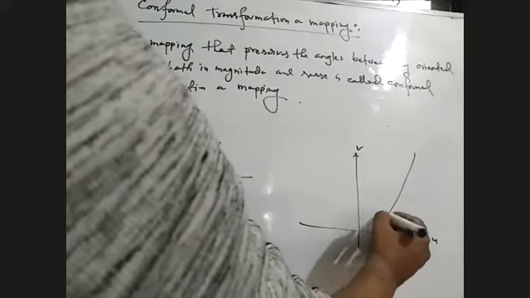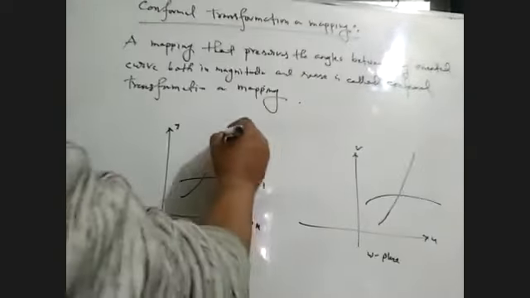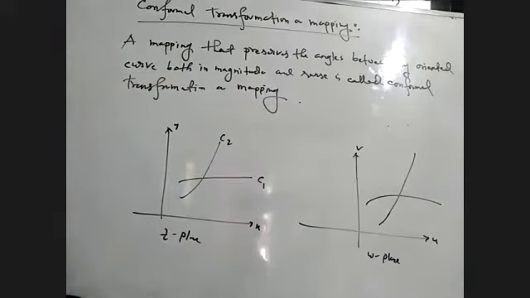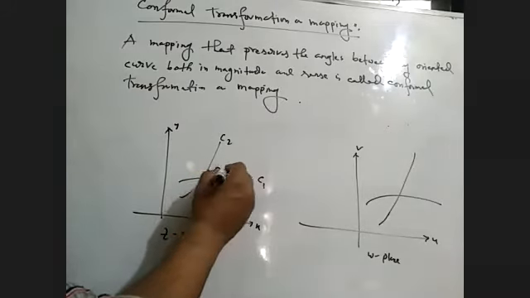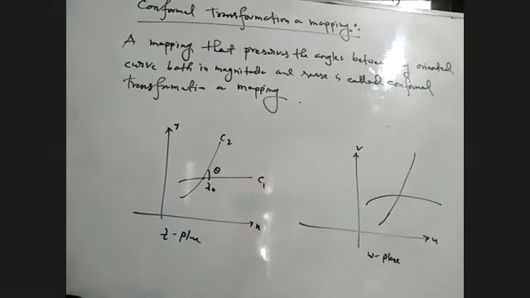Suppose this is curve C1 and curve C2, and this is Z0, and this is the angle theta.